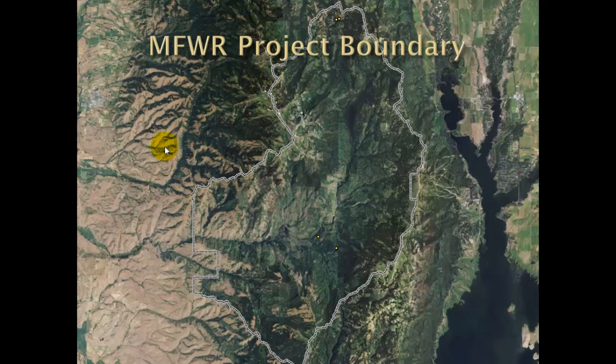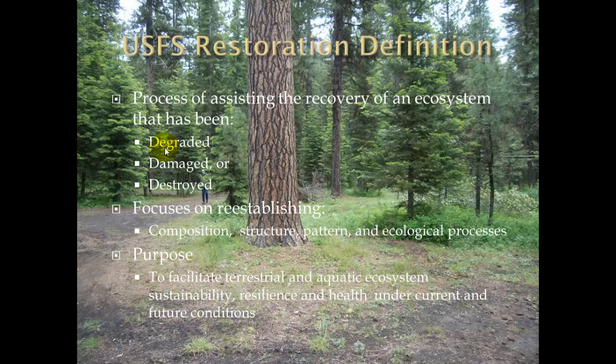Now, as we look from the high altitude overview, it's a little bit difficult to answer the question of what needs to be restored. But as background, the recommendations include the Forest Service definition of restoration. Here it is, just captured on this slide: restoration is defined as the process of assisting the recovery of an ecosystem that's been degraded, damaged, or destroyed.